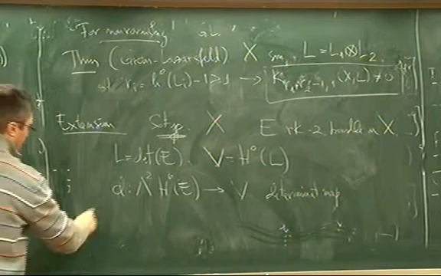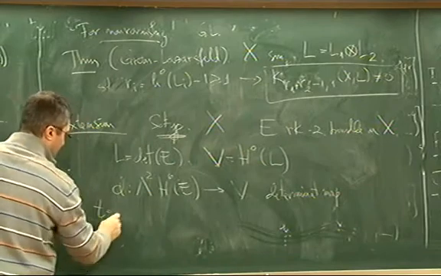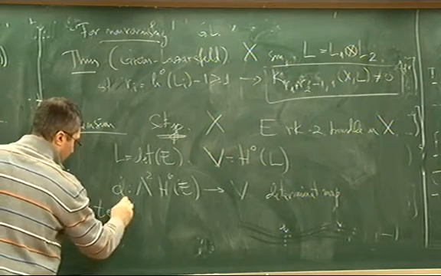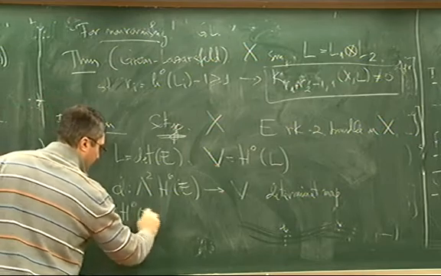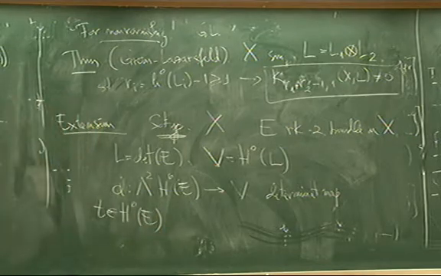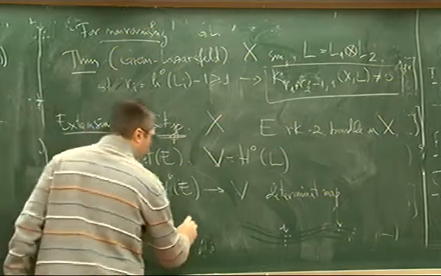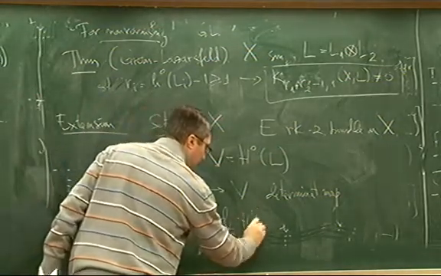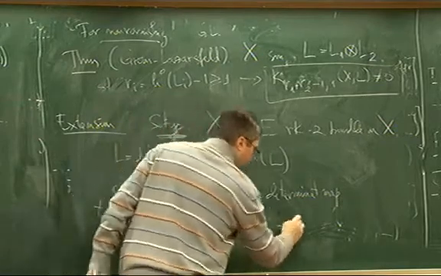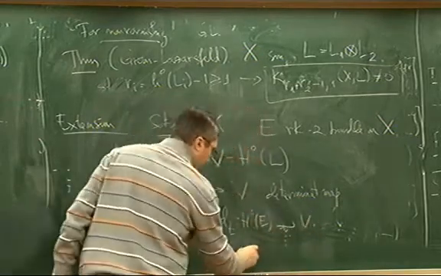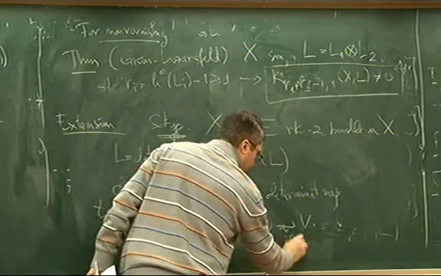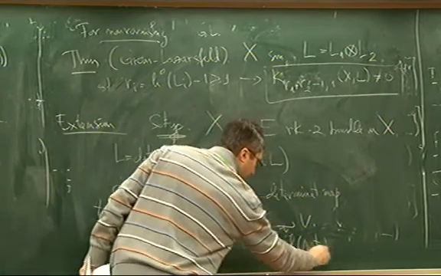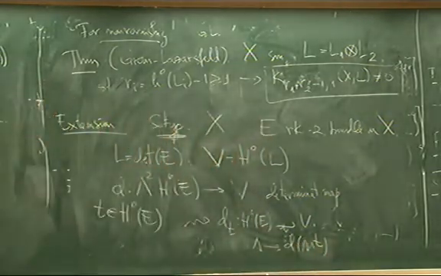We choose t to be a global section of E. Then we have an induced map which we call dt, that's linear this time. Any section s will be mapped to d(s wedge t).